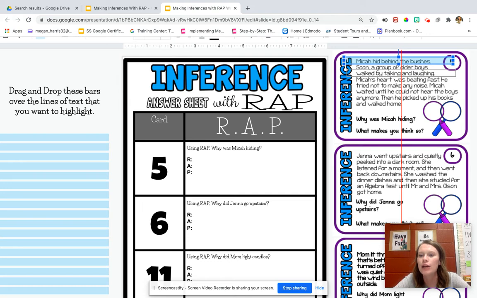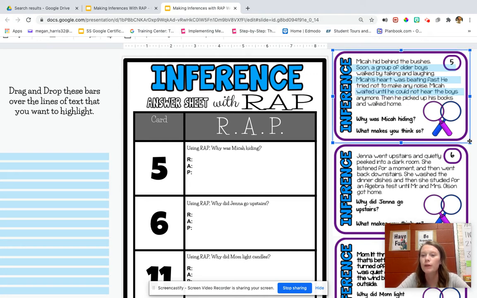But where it says that a group of older boys walked by, and then we know that his heart was beating fast, okay? And then he waited until he could not hear the boys anymore. Those are some really good text clues because that's not normal behavior, right?